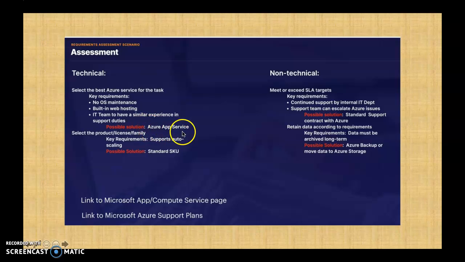You can use Azure App Service, and this technical requirement is met. But non-technical requirement-wise, you have your own support staff, so you can use standard support from Azure and continue to use your own workforce. So that requirement is also met.